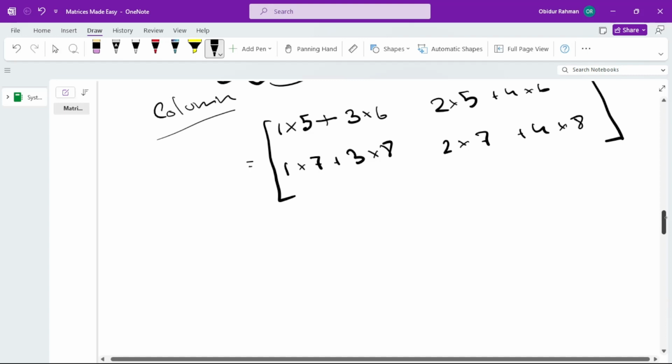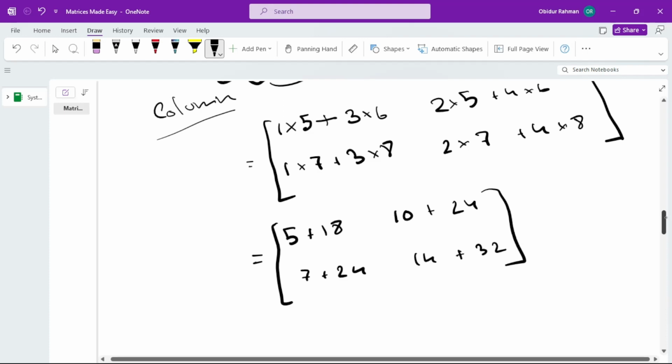Now the result we get is like 5 plus 18, 7 plus 24, 10 plus 24, 14 plus 32, and you get the point. We'll get 4 numbers.